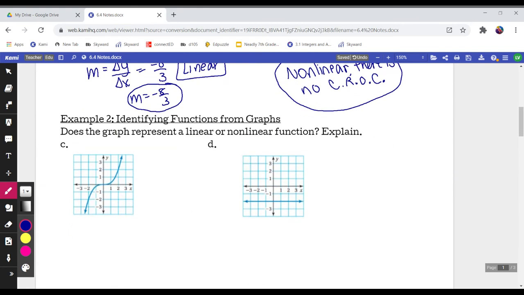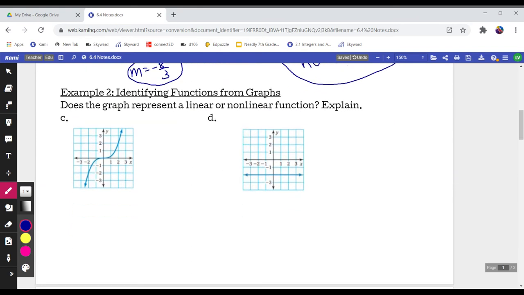Example 2, identifying functions from graphs. Does the graph represent a linear or nonlinear function, and explain? Well, letter C is nonlinear because the graph is not a straight line.